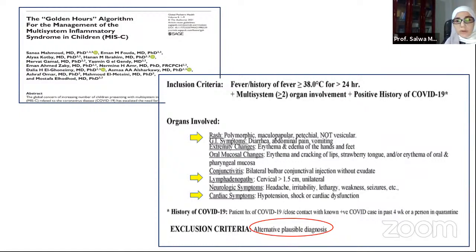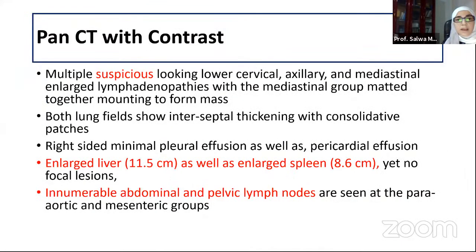Actually, although she had the skin rash, lymphadenopathy, as well as cardiac affection, they state that the patient should not have another alternative diagnosis so as to be labeled as having MIS-C. At this point, our patient repeated her scans, and this time there was suspicious-looking cervical, axillary and mediastinal lymphadenopathy, still having pericardial as well as pleural effusion. She had hepatomegaly, abdominal, and pelvic lymphadenopathy.